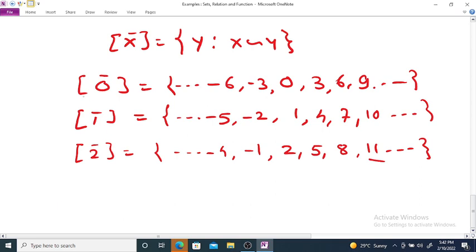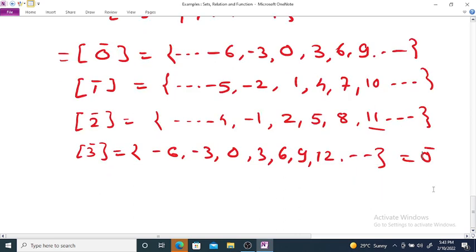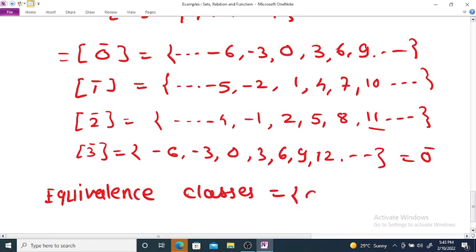Next, if you try to find 3 bar, it is again -6, -3, 0, 3, 6, 9, 12 and so on, which is the same as 0 bar. So the distinct equivalence classes are only 0 bar, 1 bar and 2 bar.